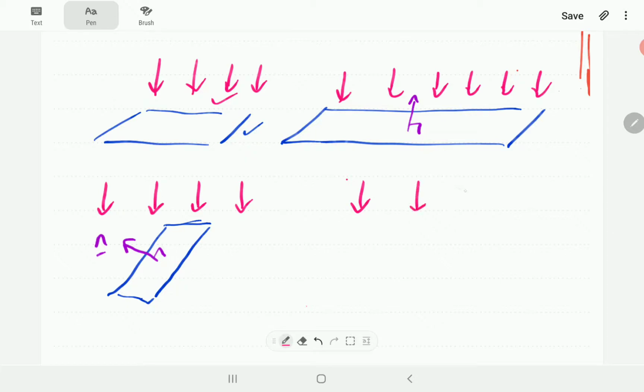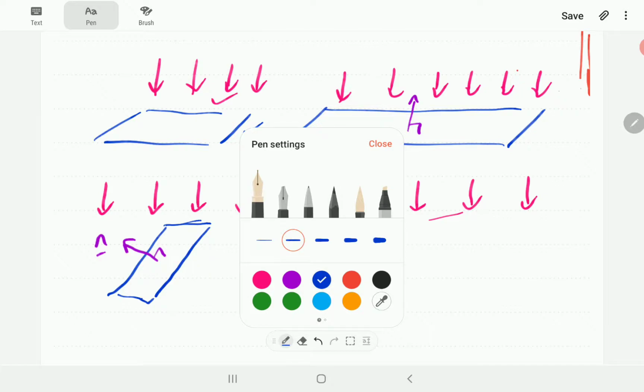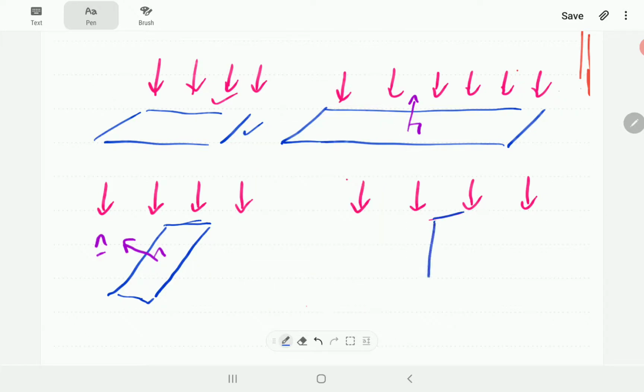In fact, if you think of a situation where the surface is parallel to the rain water direction, then the rate of water collected is going to be 0.